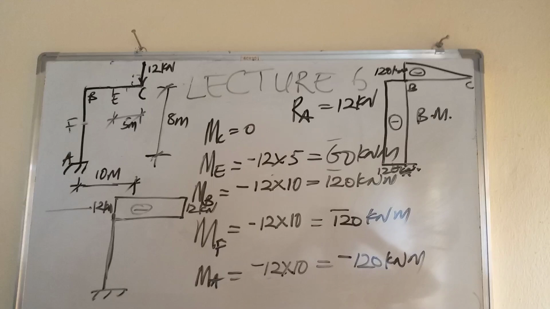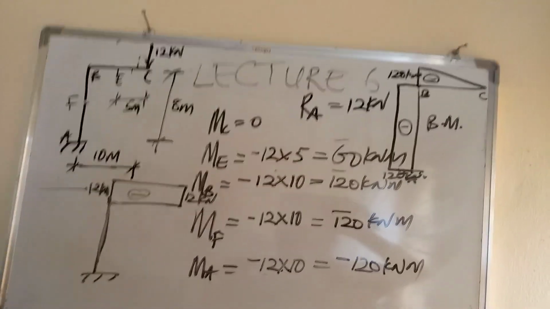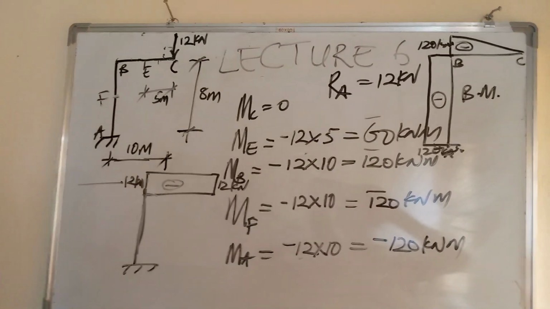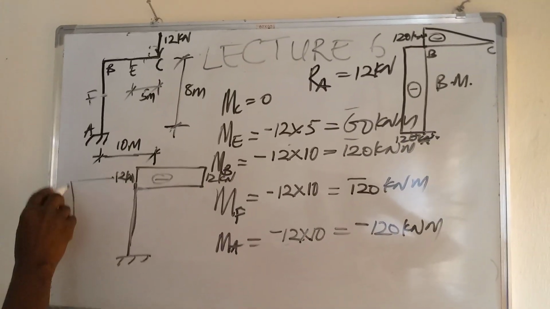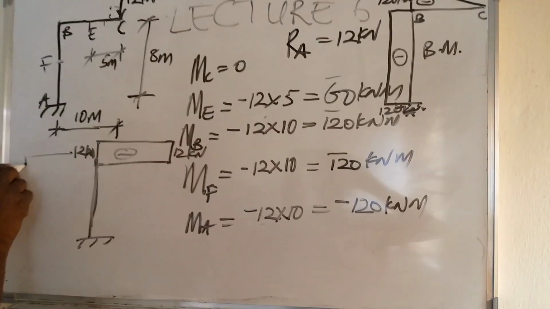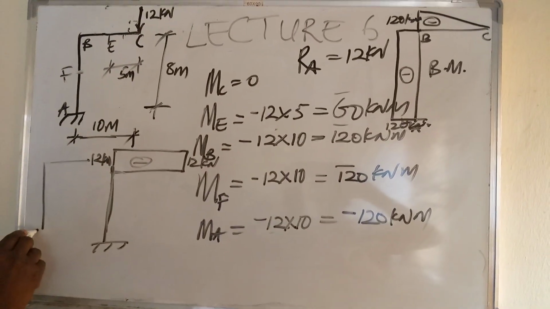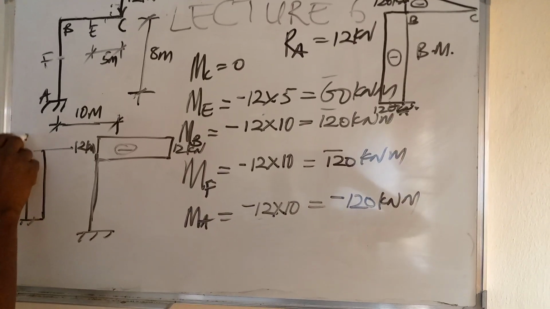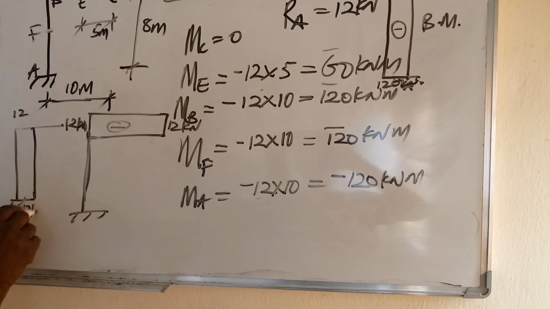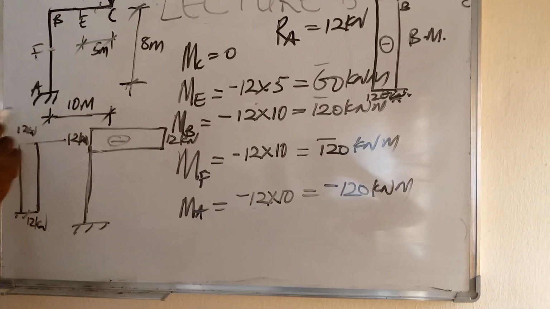The force moved through the member, that's why it's like a column. It became a normal force. So if I'm to draw the diagram, 12, that is the normal force.